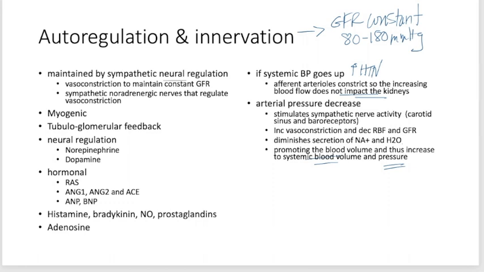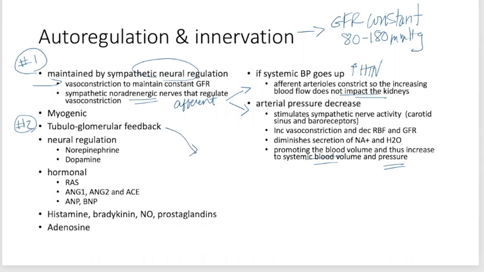So here is what happens with your sympathetic neuroregulation. We're going to vasoconstrict via noradrenergic nerves that regulate that vasoconstriction. And this is primarily on those afferent arterioles. So if we had to put a number, we would say 1 is this neuroregulation for the autoregulation, and then 2, we have intrinsic tubuloglomerular feedback.